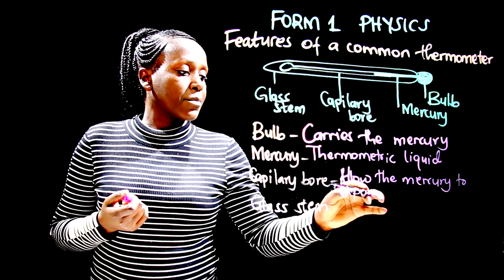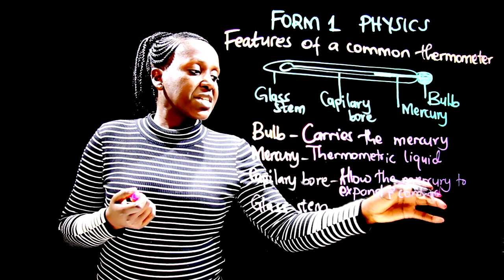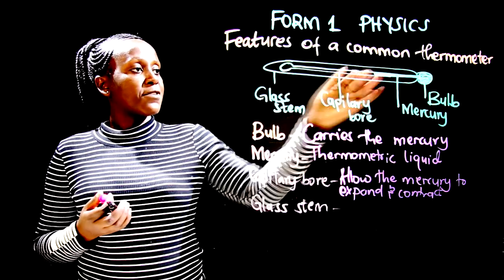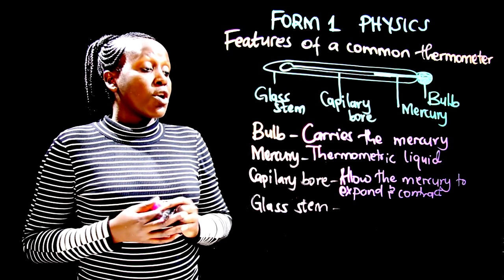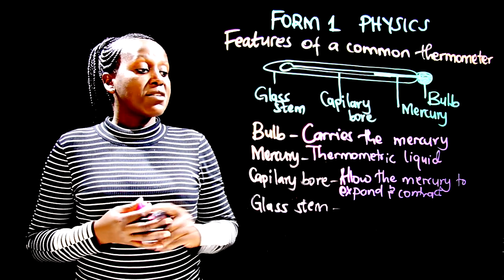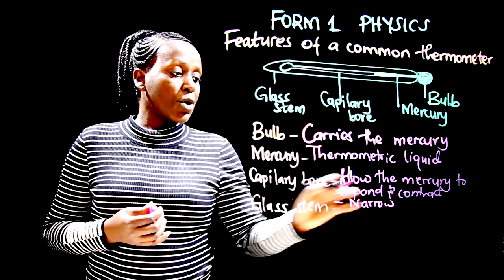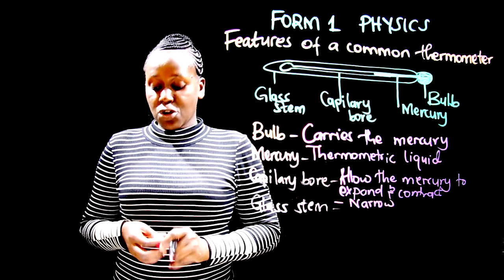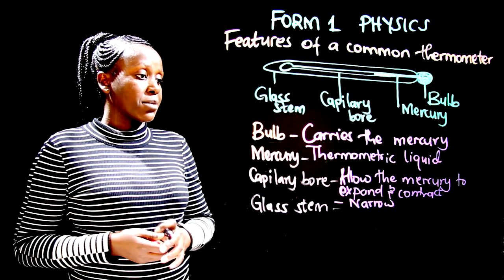When mercury is rising to whichever level, it rises along the path of the capillary bore. Now the capillary bore is made very narrow, okay? It is very narrow to increase accuracy, to increase the degree of accuracy.